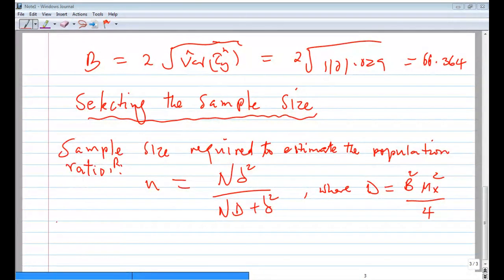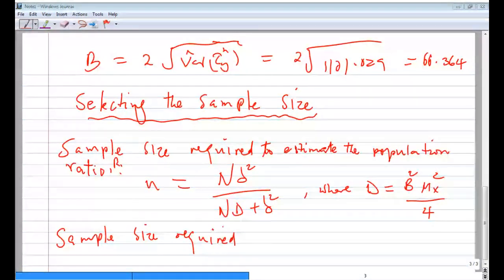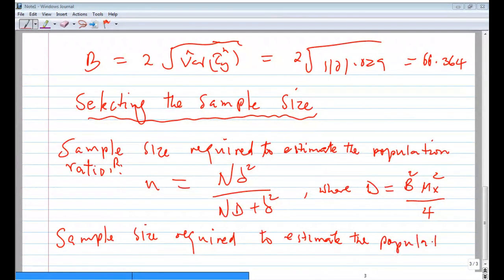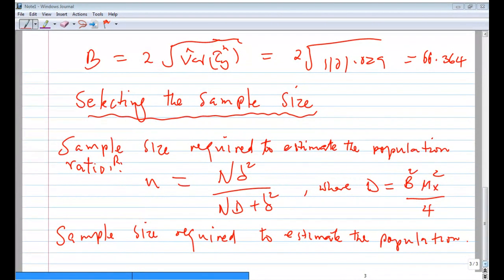So now, what about the sample size required to estimate the population mean? Which is what? Mu x.